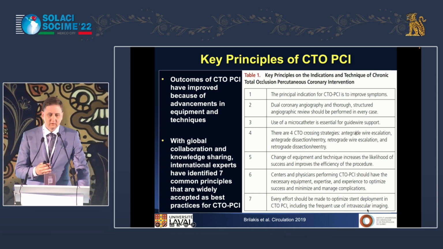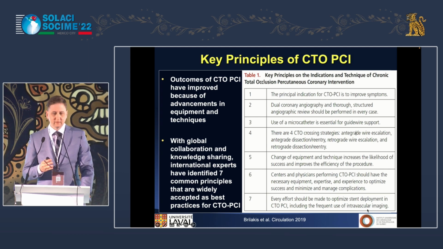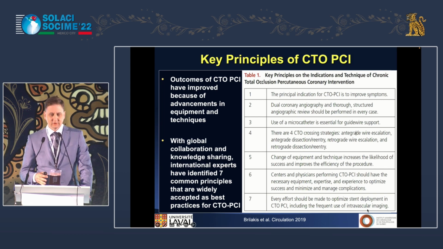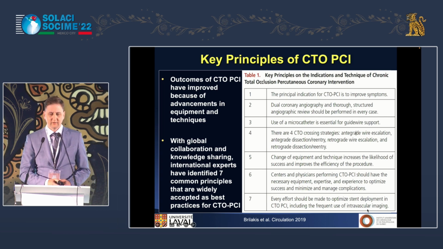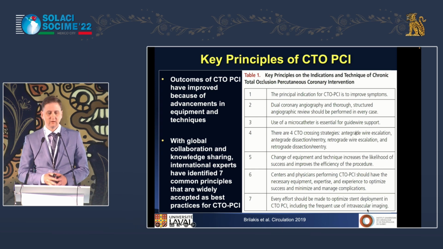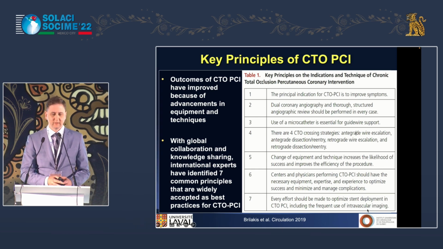Second, dual coronary angiogram and a thorough structured angiographic review should be performed in every case. Use of a microcatheter is essential, and there are 4 CTO crossing strategies: antegrade wire escalation, antegrade dissection reentry, retrograde wire escalation, and retrograde dissection and reentry.